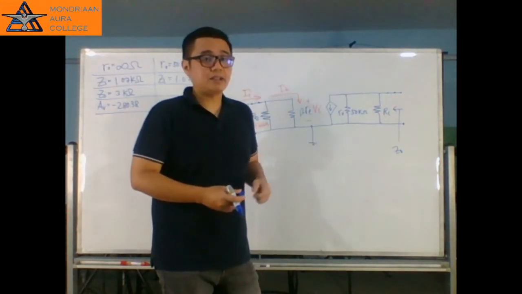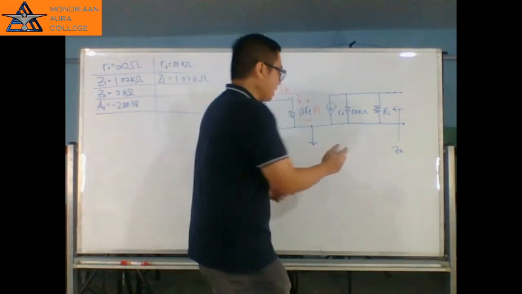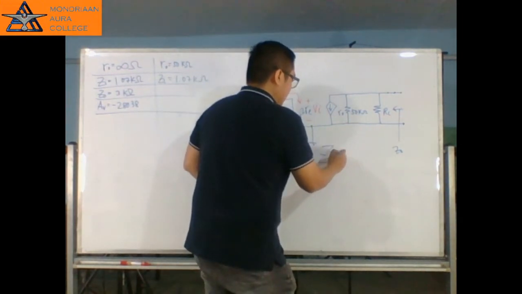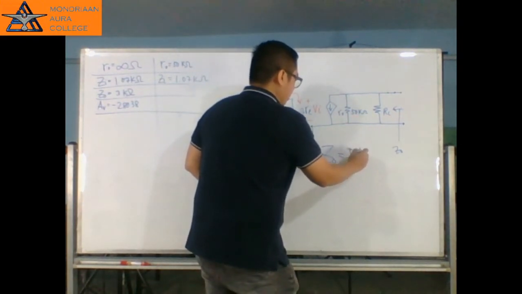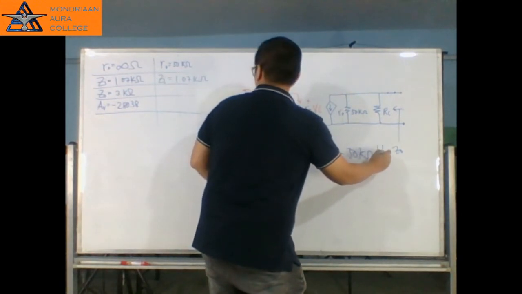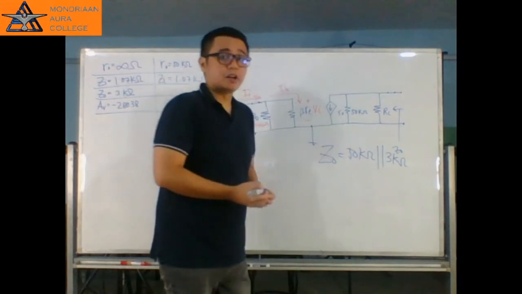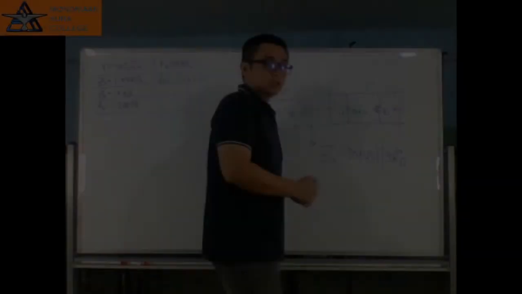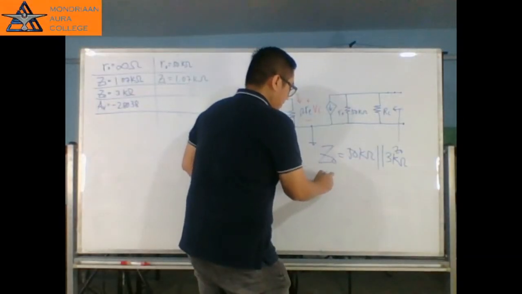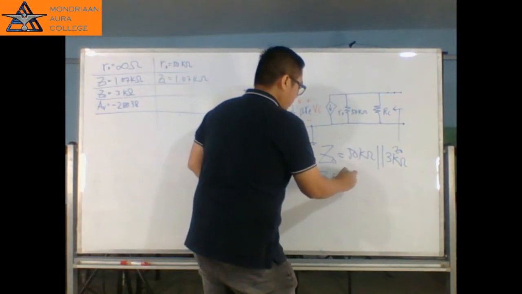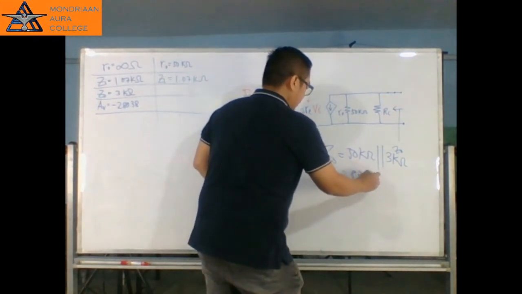They are connected in parallel. That's why the output impedance is equal to 50 kilo ohms parallel with 3 kilo ohms, which is the value of your R sub C. The total output impedance is equal to 2.83 kilo ohms.